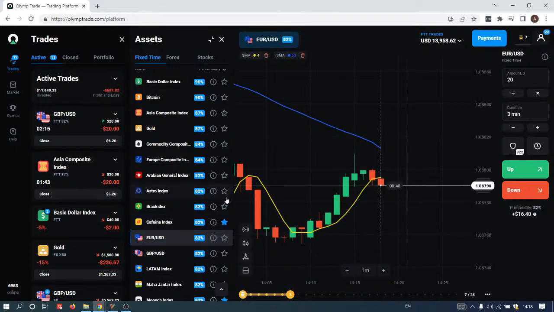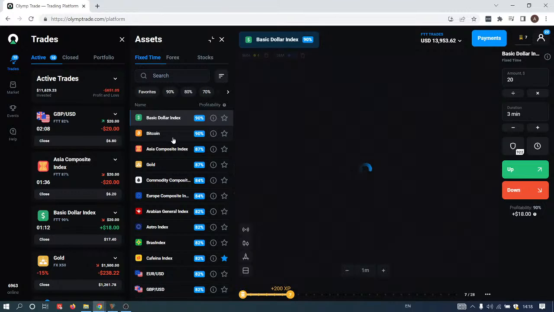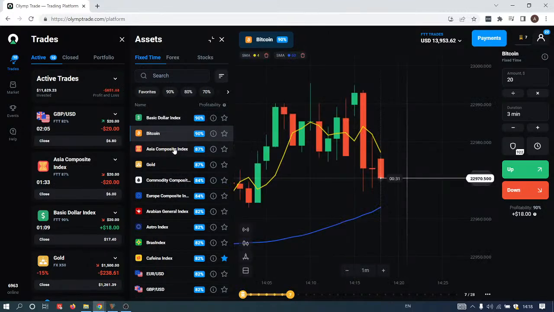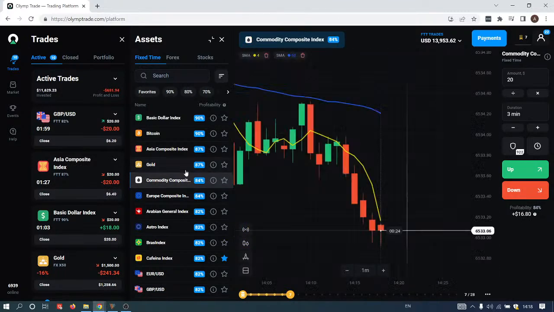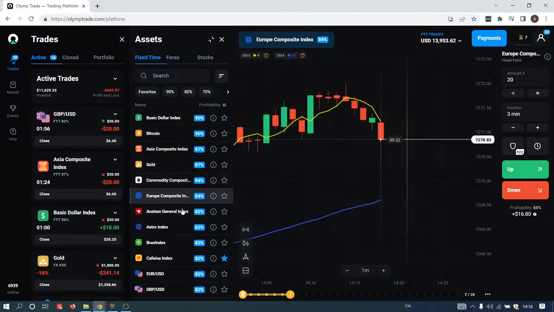OLYMP TRADE is unauthorized in India. OLYMP TRADE is not SEBI registered. Why? Yes, because this process of actually registering with every country's authority takes a long time, and we are doing this process, but I'm not sure.